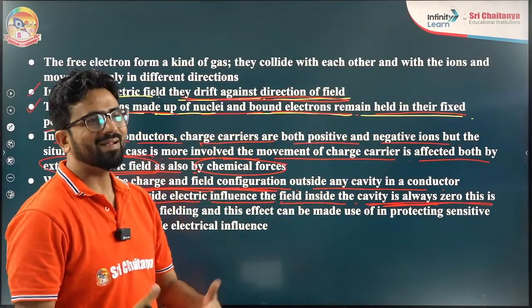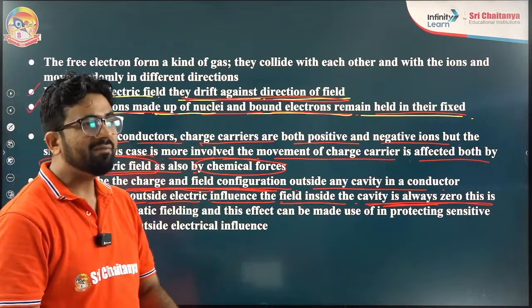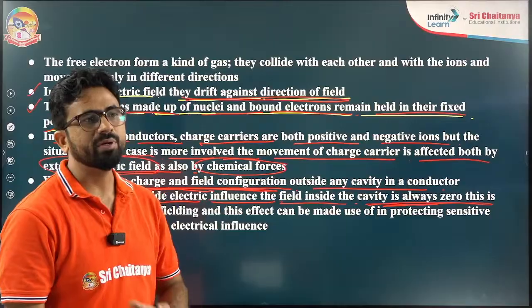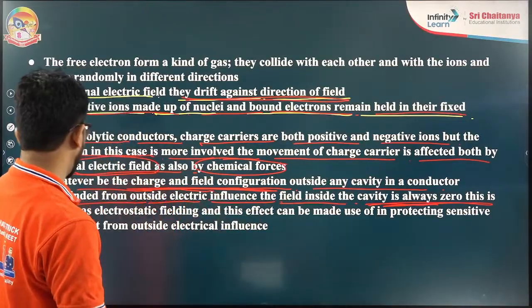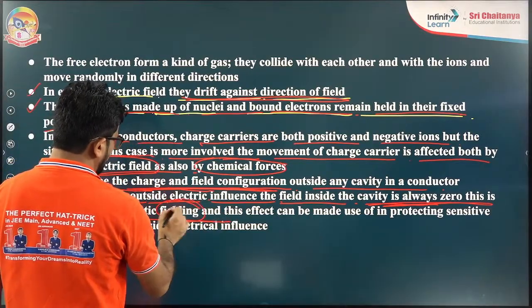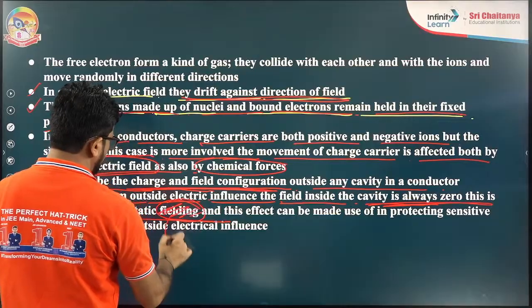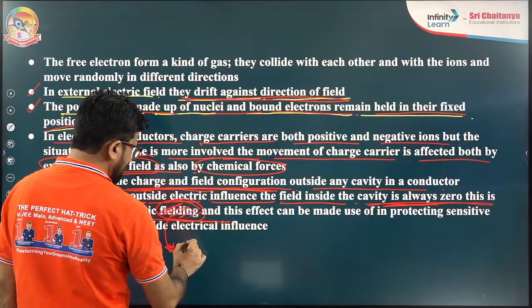That means inside the cavity it remains unaffected and the net field remains zero. There is not going to be any field there. Next, this is known as electrostatic shielding, not fielding, beta; it is a typing mistake, just correct this.